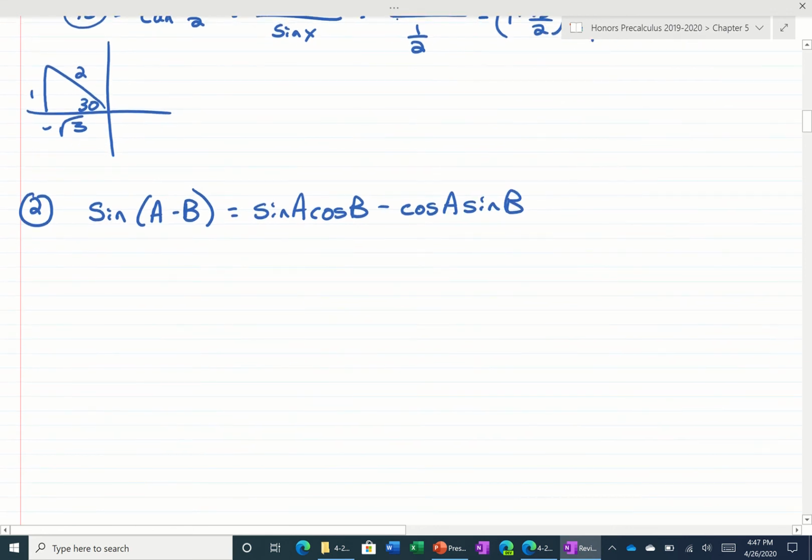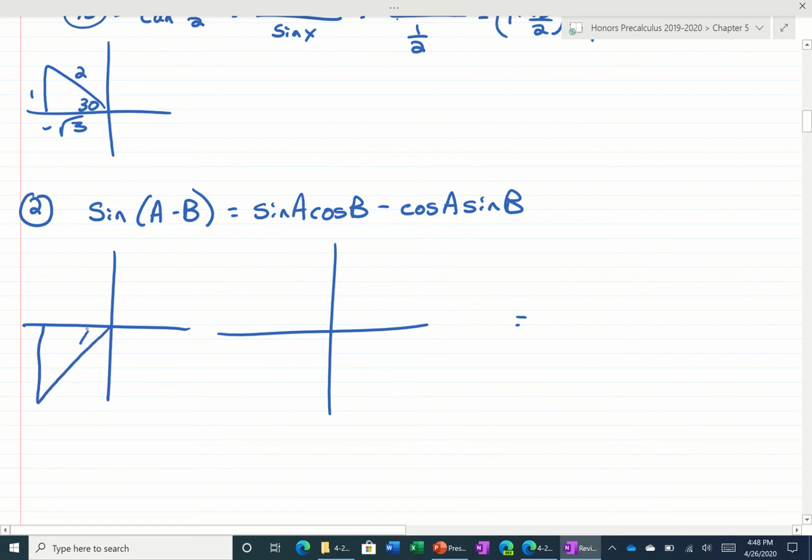And it's saying that angle A is in the third quadrant, and the sine is negative 5 over 12.